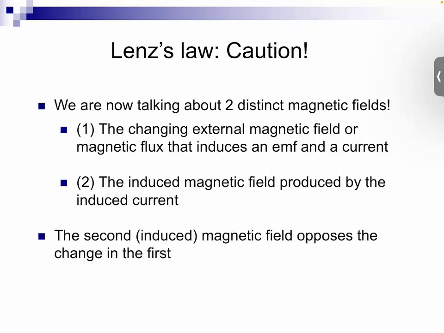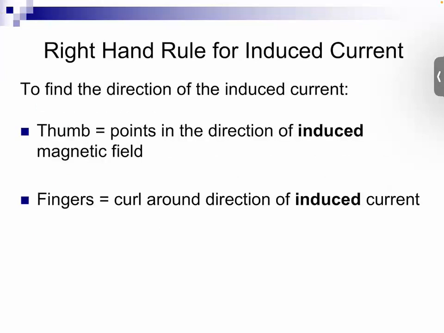From there, you can deduce that the current created in this coil is in this direction. Use the right-hand rule to determine the direction of the induced current, just like what we were doing there.